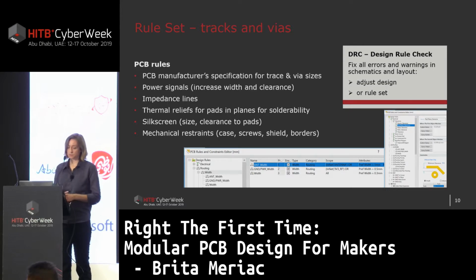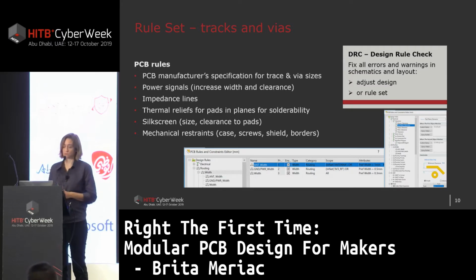And at least for prototypes, silk screen clearance to pads, so silk screen does not overlap the pads. And if you're planning for a housing, it's good to include also your mechanical constraints, so the inner possible height in a case or space you need for fixtures. All this can be included in the rules.